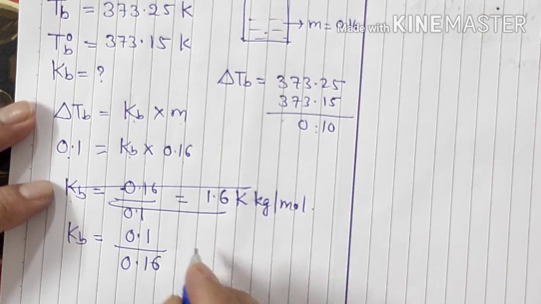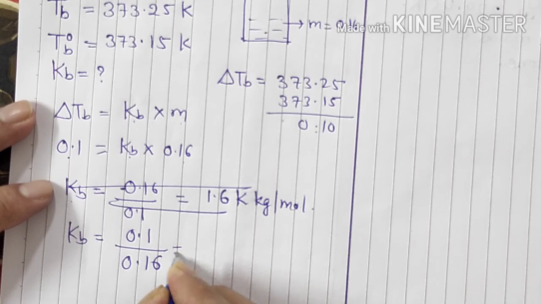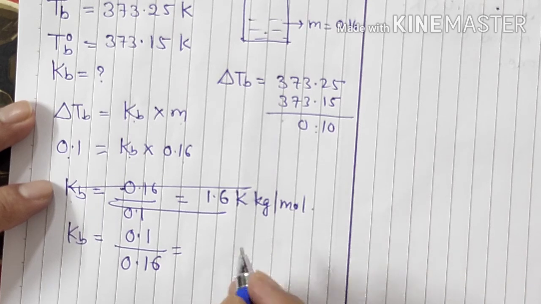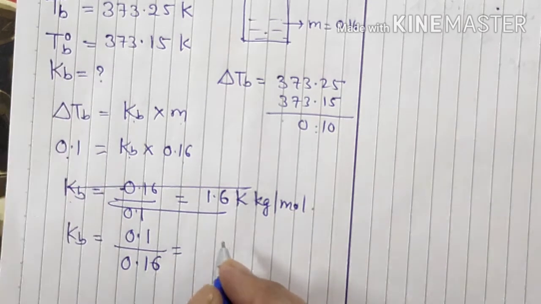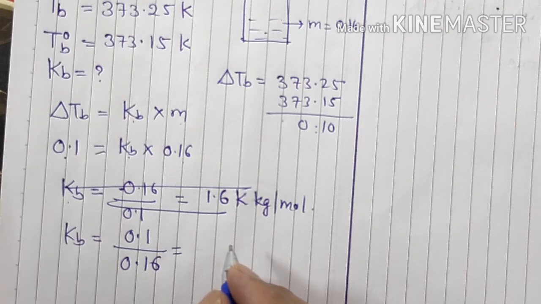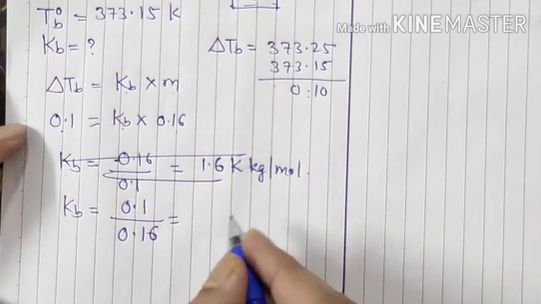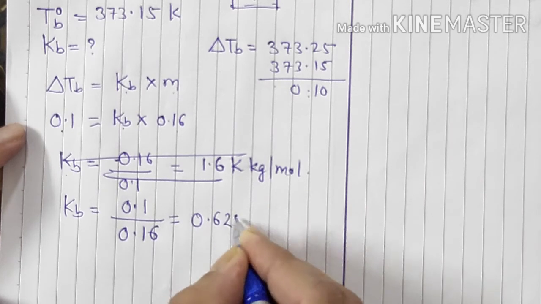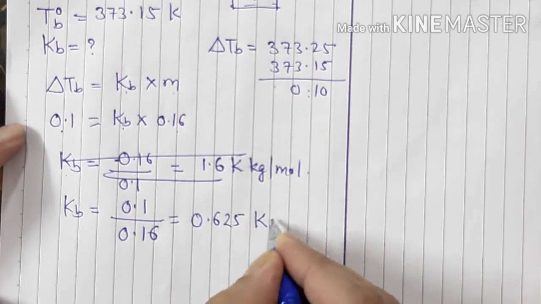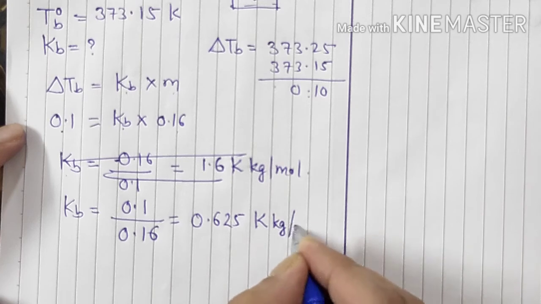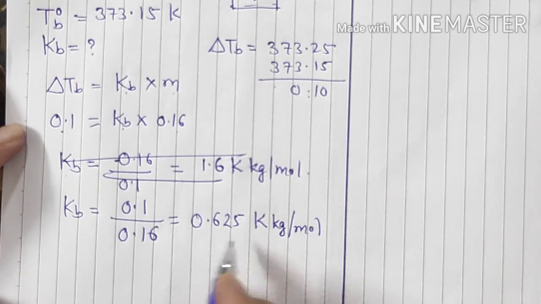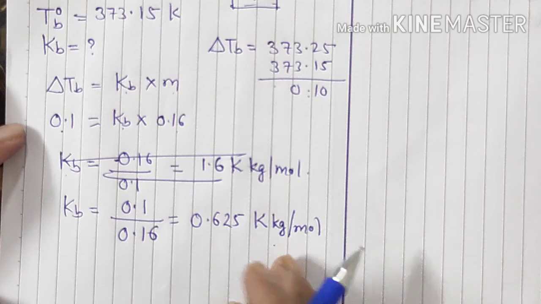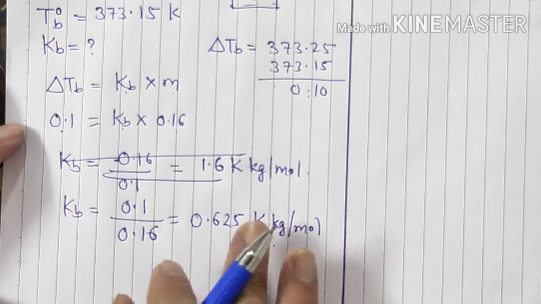So it will be 0.625 Kelvin kg per mole. We have seen the units last time, हमने ये units पढ़ा था, right?